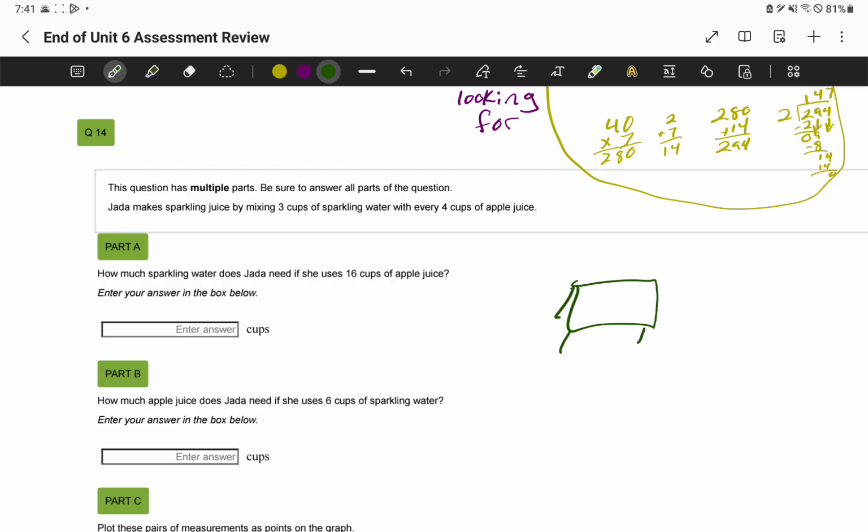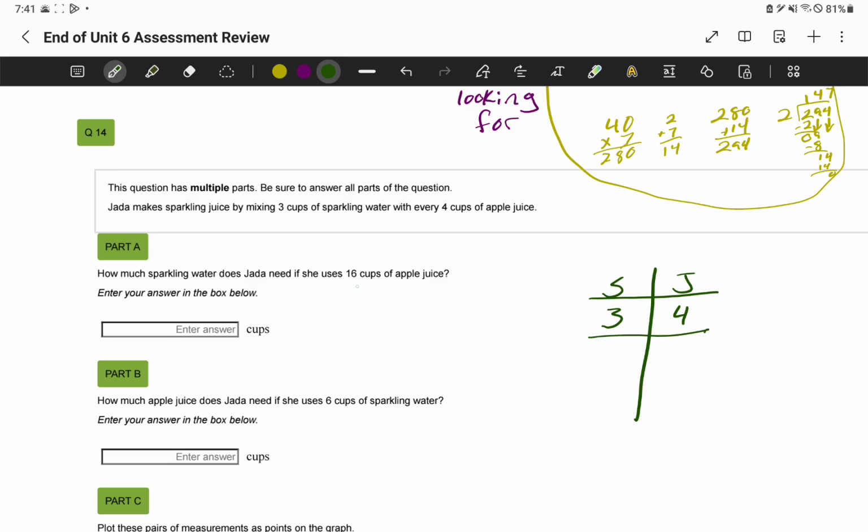There we go. There's my table. Sorry, bad joke. So I'm going to use S for sparkling water and J for juice. So 3 cups of sparkling water for every 4 cups of juice.